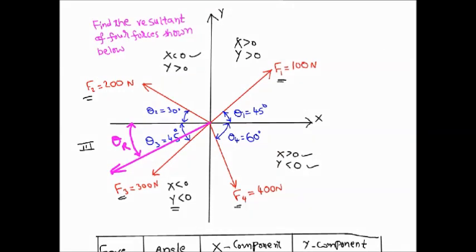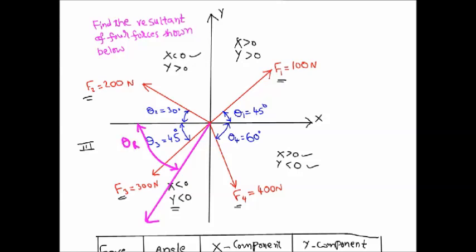So we need to show this theta r as something a bit more than 45. So your force R will be something like this, and the angle you need to show is from here all the way up to here. This angle is theta r.